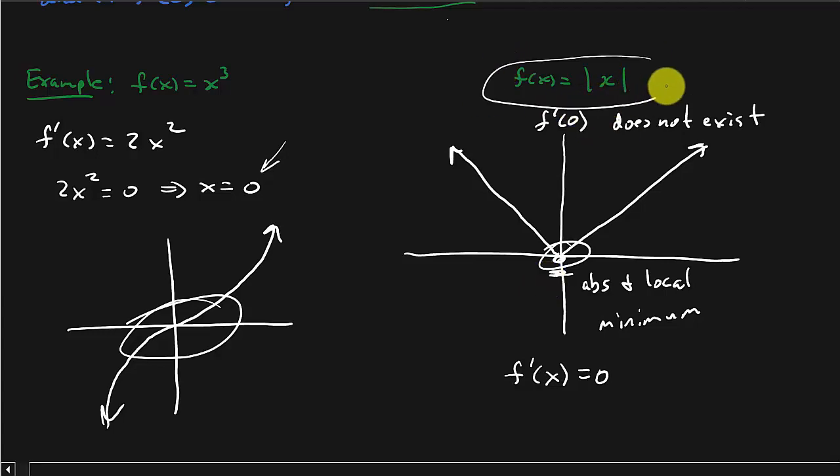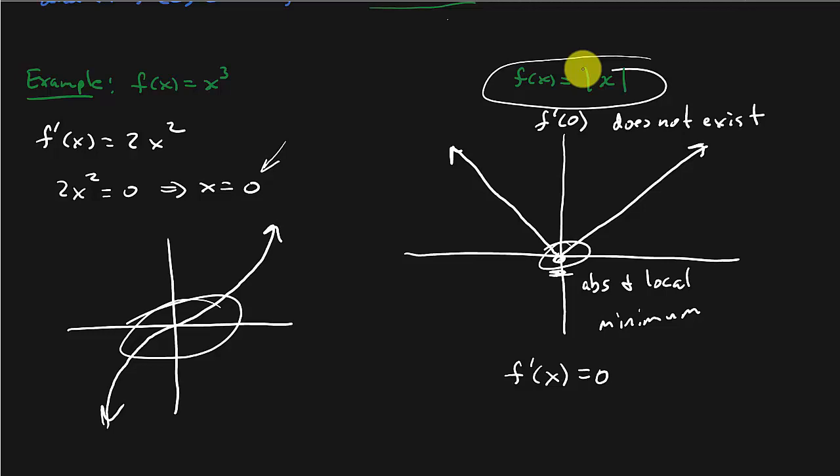Now, I'm not going to go through and show how this does not exist. I do this in a previous video. I'll put a link in the description. It's the video where we find the derivative using the limit definition.